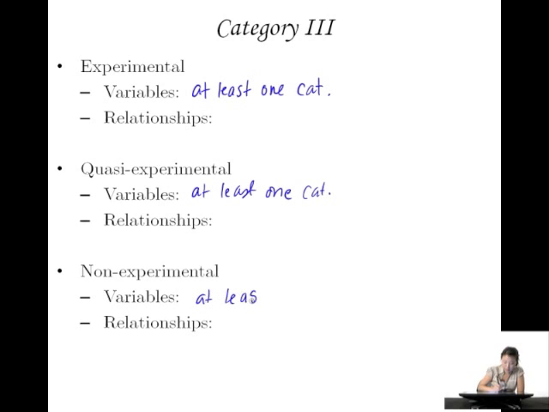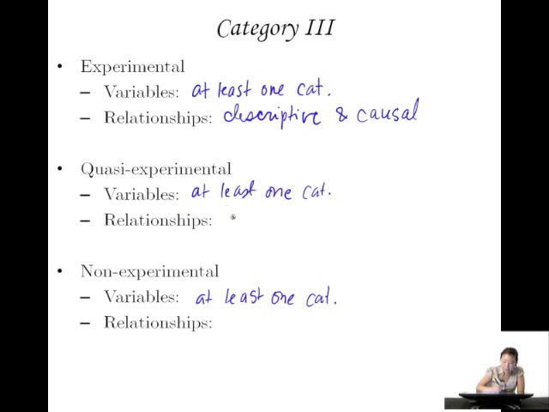So that's what these 3 have in common. But for experimental, you could look at both descriptive relationships and causal relationships. You could look at both of those kinds of things.